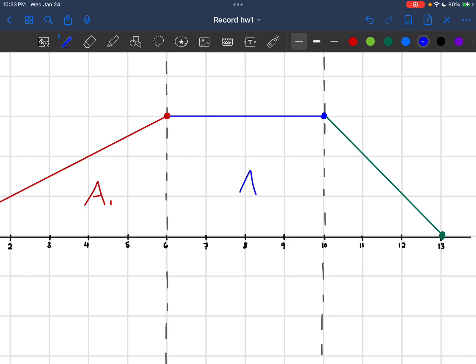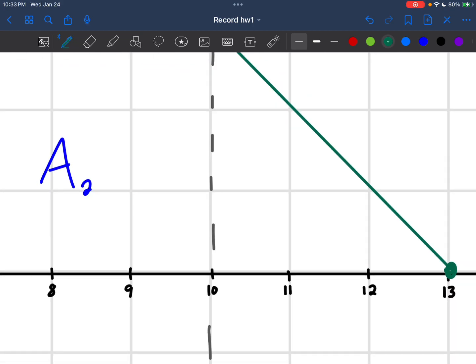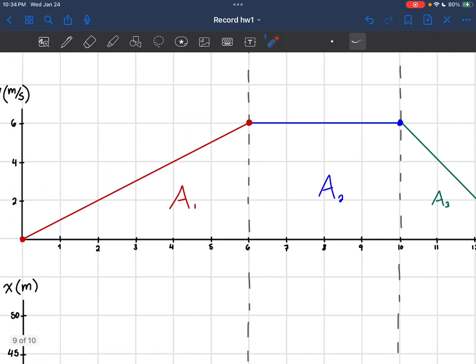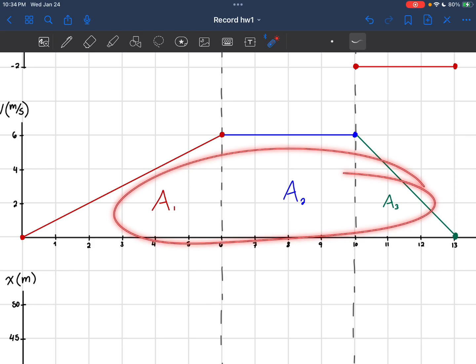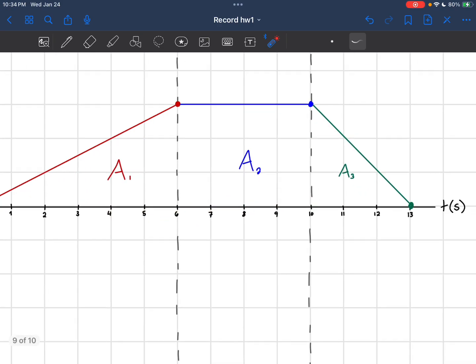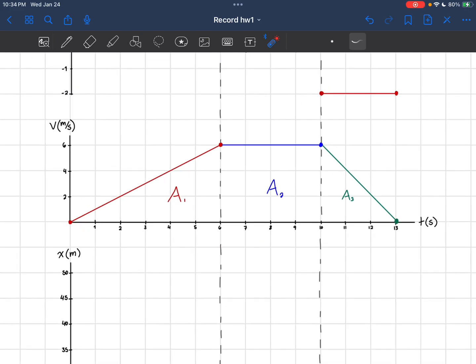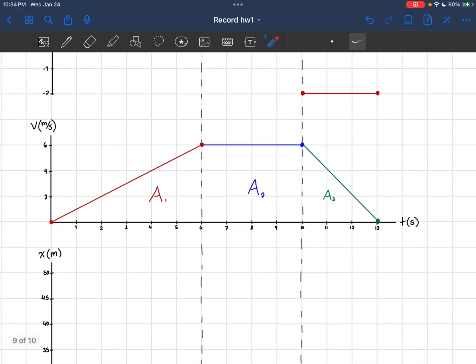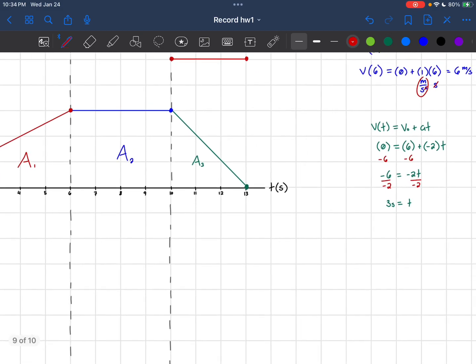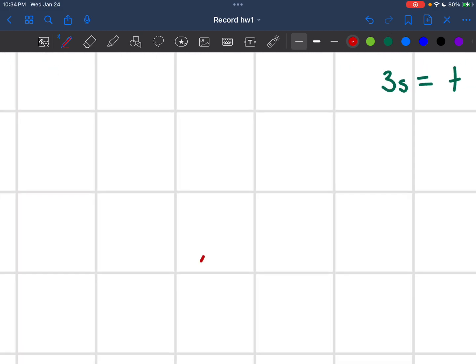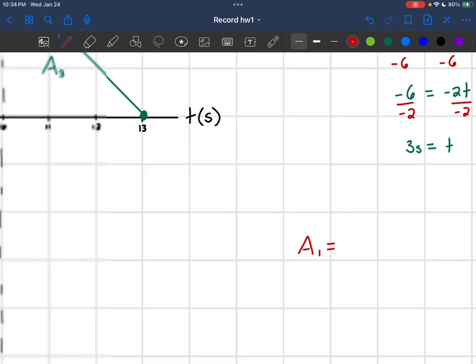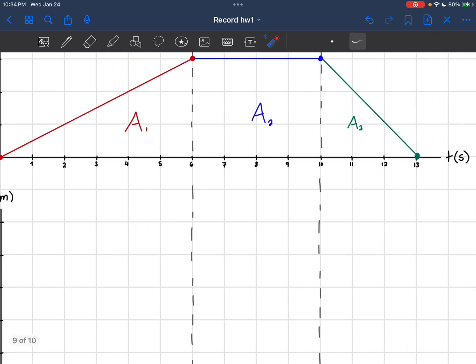This is the same thing, except now we're applying it to an actual situation. So if I get the area under each section of the graph and then add them all together, that will give me my total displacement from beginning to end, how far I travel while riding my bike. So for area 1, that's a triangle. So it'll be 1/2 base times height.